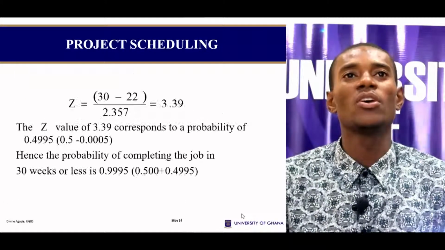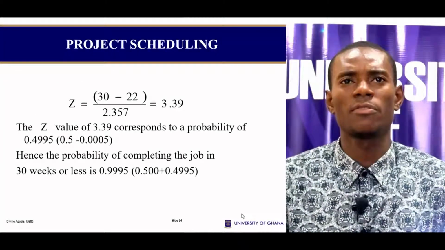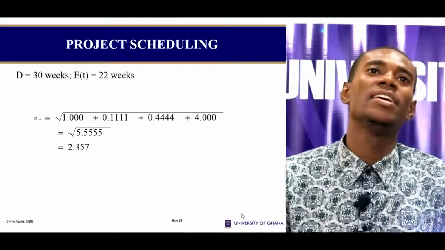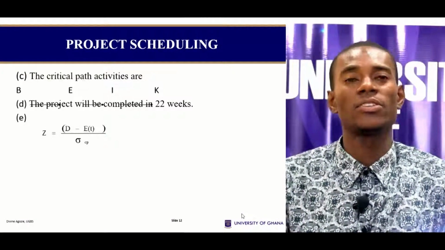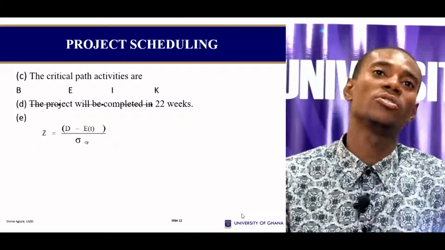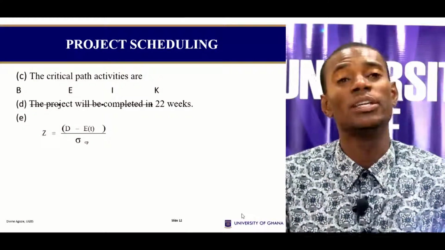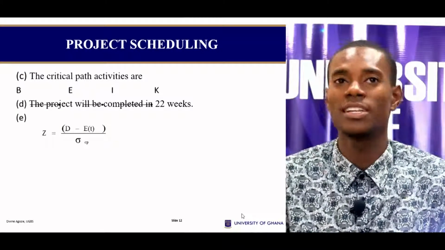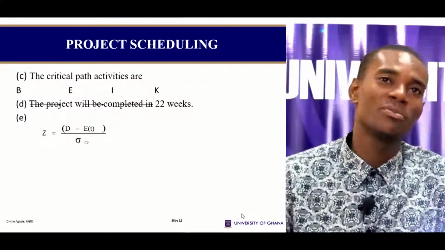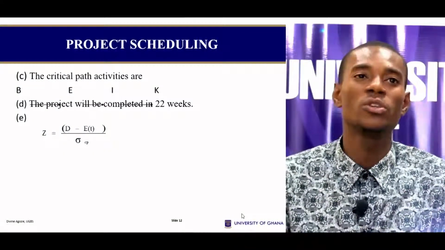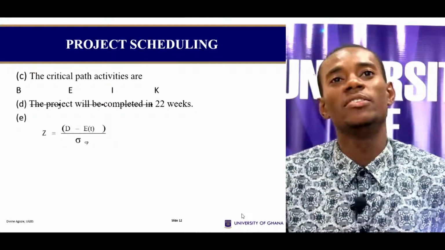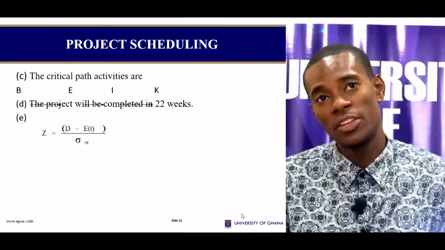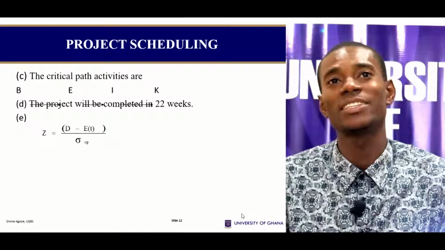Forgive me, my pointer is moving way faster than I did. Now, I told you before that in finding your z-score, if we were doing quantitative methods, it is x minus mu over the standard deviation. But because we are using projects, the concept is the same, but we're using D. D here is just representing the duration of interest to us, which in our case is 30 weeks.